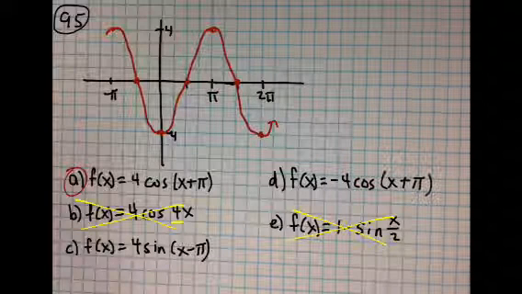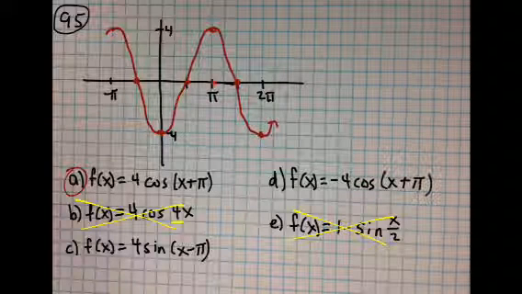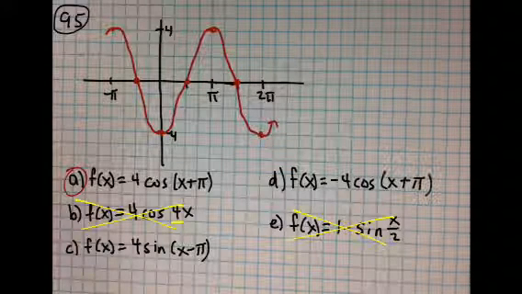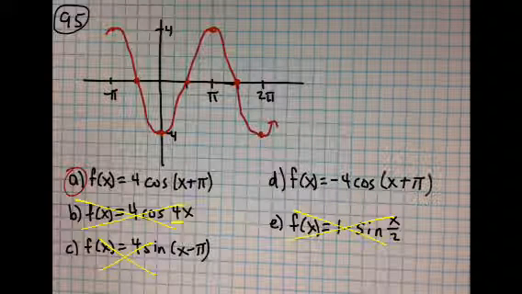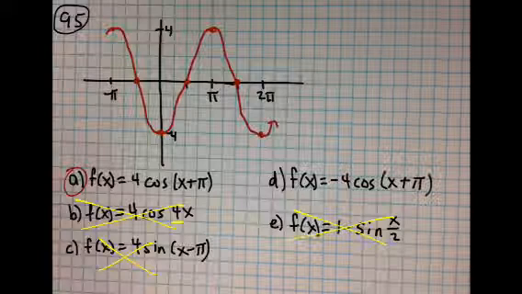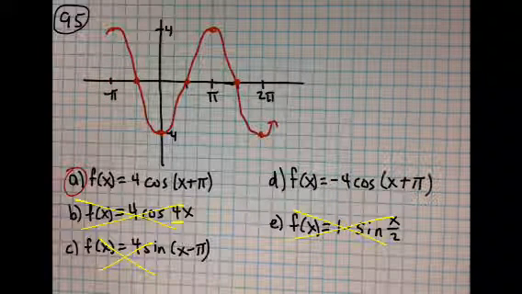Sine, this means that it moves it to the right pi units, so that would be right here. And it's not a sine function, right? Because if it were a sine at here, this is where you'd have the 0, and then it'd go up from here. So yeah, we can eliminate this one. And then the last one, well, it's not a negative 4 because we saw that on the left side, it doesn't start on the bottom, it starts on the top. So this one is eliminated. So the answer is A.